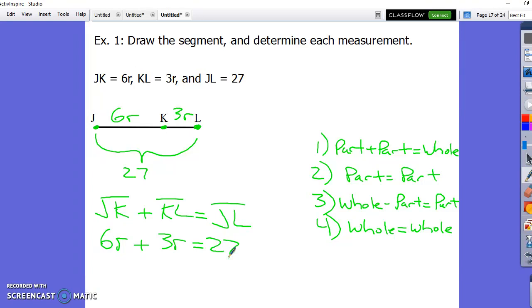Yeah, I'm going to combine like terms, right? And 6R plus 3R is what? 9R. And so I have 9R equals 27. And then Tyler, what do I want to do next? Yeah, I'm just going to divide by 9. And so, what is 27 divided by 9? 3.